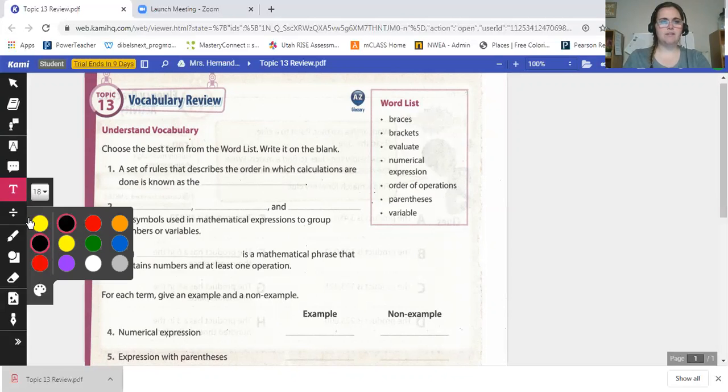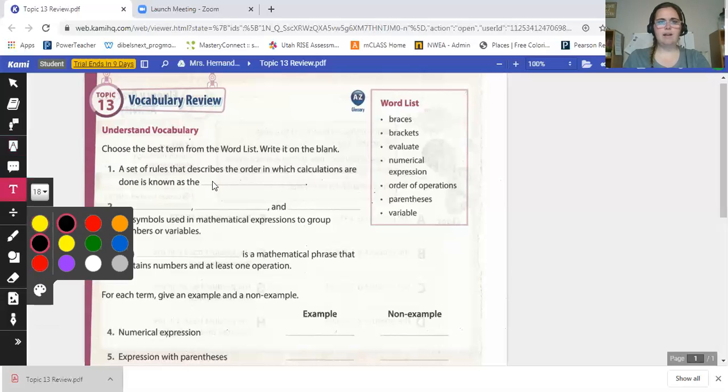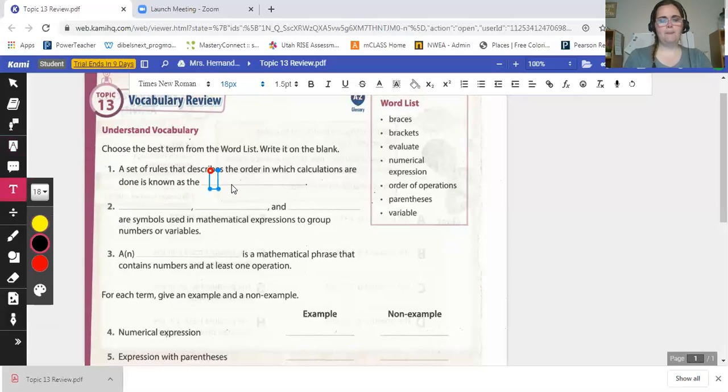I notice a set of rules, order, and calculations are done. Order in which calculations are done. Ooh, order, and then I see the word order over here. So I'm thinking the best answer for my number one is, you got it, order of operations, okay?